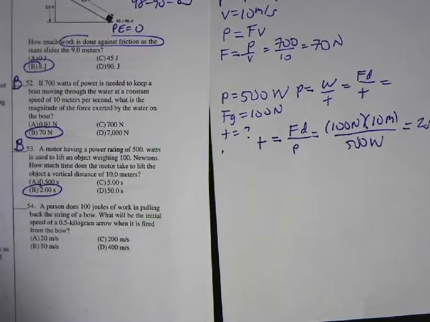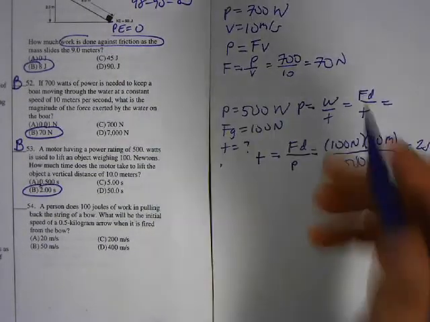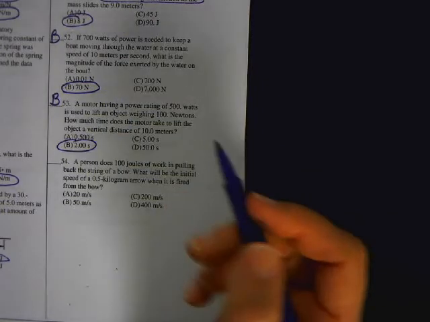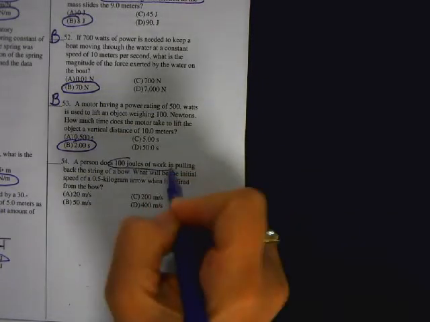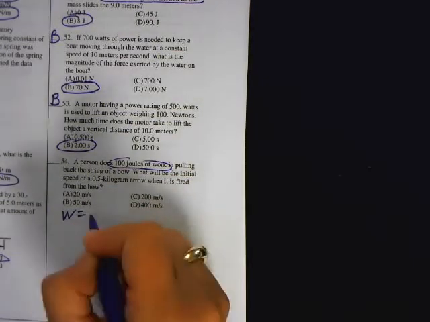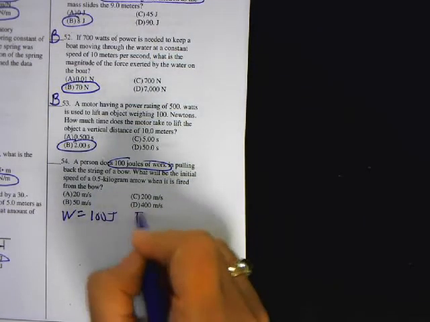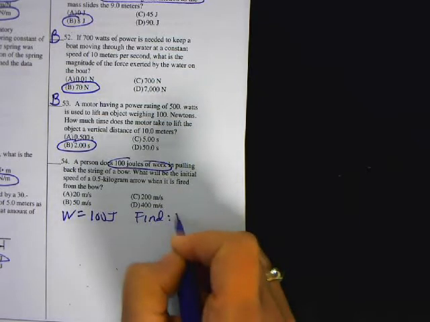Number 54. A person does 100 joules of work, so this is the work, while pulling the string of a bow. What will the initial speed be?